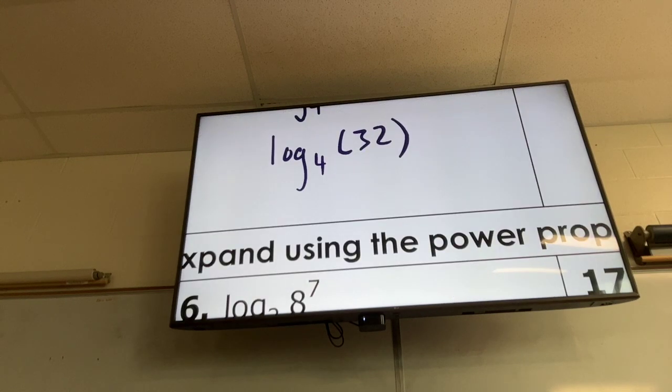Okay. So again, how do we simplify this? It would be 9. Right. Equal sign, right? Small number over here with a question mark, 32, big number on the right. 4 to the what gives me 32.